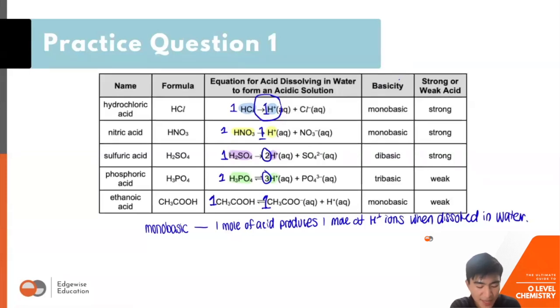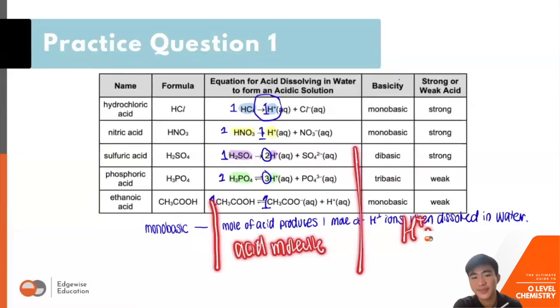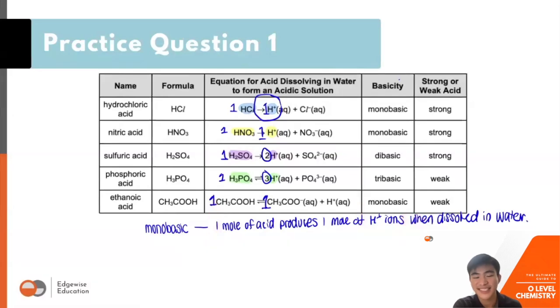Then for dibasic and tribasic, I leave you to it. Dibasic simply means 1 mole of acid produces 2 moles of H plus. I know some students in Sec 3 haven't learned about the mole concept yet. Not to worry. Basically, one acid molecule produces 1 H plus. That's all. Simple. So monobasic, dibasic, tribasic is the same.